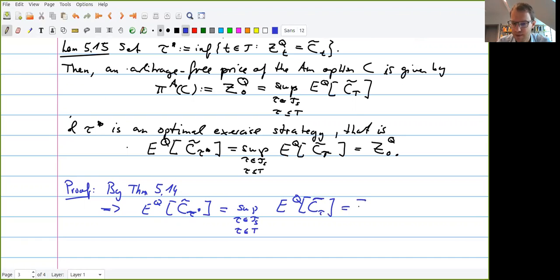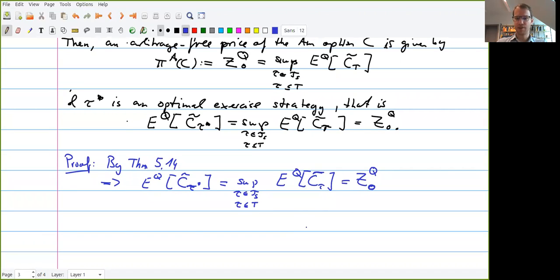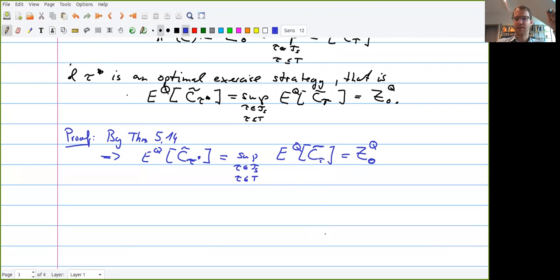And now what was also included in this Theorem 5.14, well, this is nothing else than the Snell envelope with respect to Q at time 0. Okay. So this is the second part. So this tau star is an optimal exercise strategy.